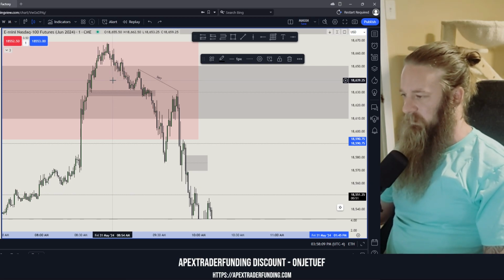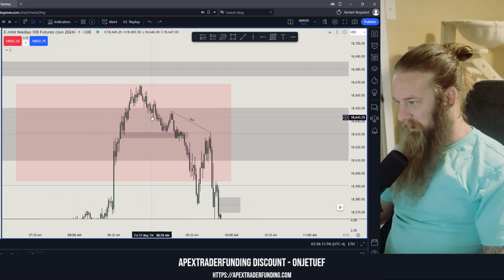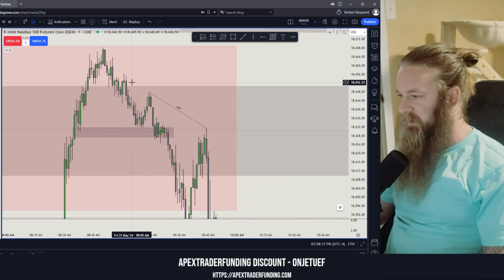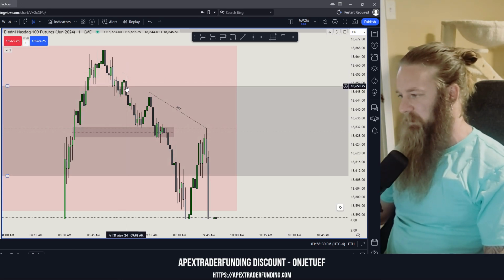What I didn't like or see was a displacement and a market structure shift of any kind that was convincing. The one thing that I noticed, after the fact, was incredibly small. Let me measure it actually, because this looks like a BPR, and I know that price isn't going to come back to that.